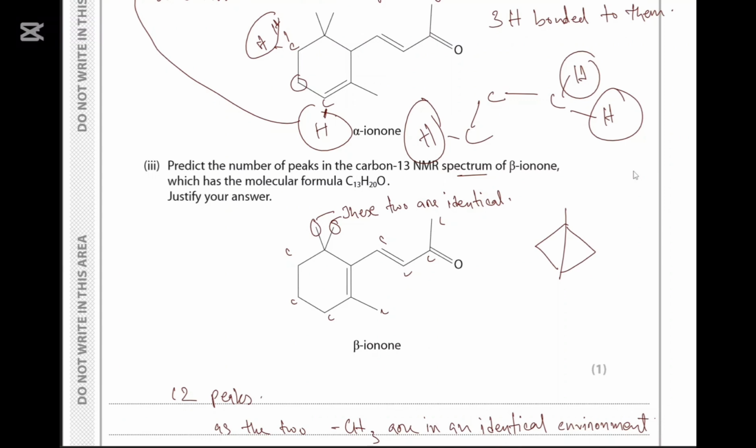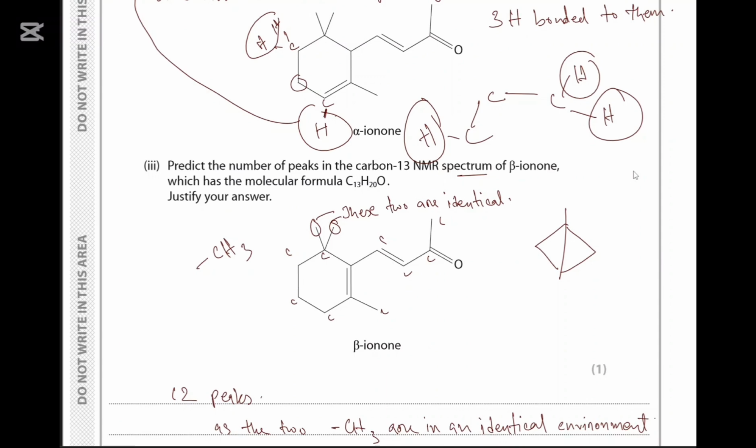in this compound. But we can see that these two CH3 groups are bonded with the same carbon atom, so therefore they must be in the same environment. This carbon atom is also bonded with this carbon atom, which has the same configuration, it's a ring, a cyclic compound. And this CH3 is also bonded to this carbon atom.